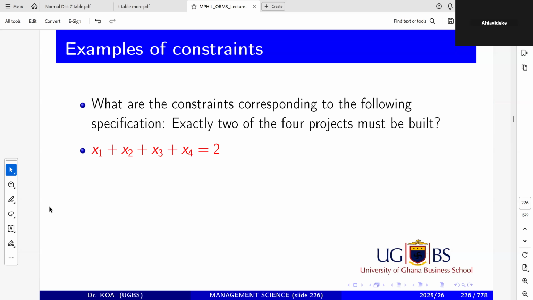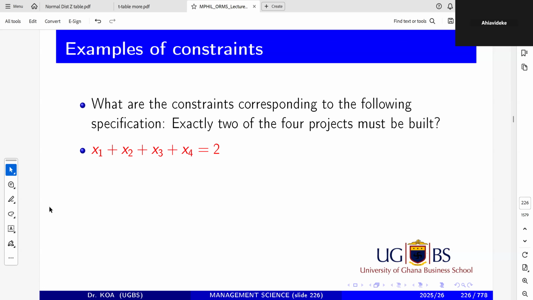That is why it is equal to 1. And with this example, we have 4 projects and we are supposed to do 2. We're supposed to decide which 2 we are going to work with.